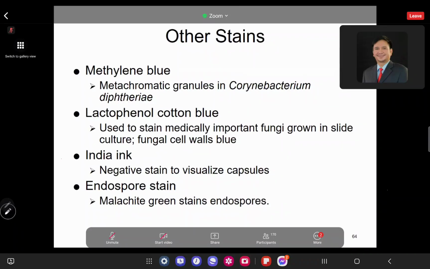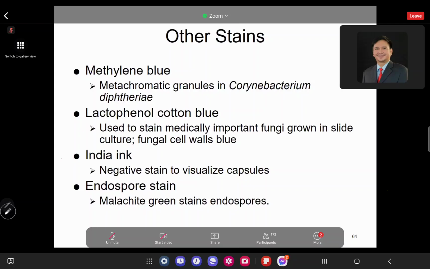So other specialist stains used in microbiology with their specific purposes, like your methylene blue, for metachromatic granules in Corynebacterium diphtheriae. So the presence of metachromatic granules is one of the distinguishing characteristics of your Corynebacterium diphtheriae.